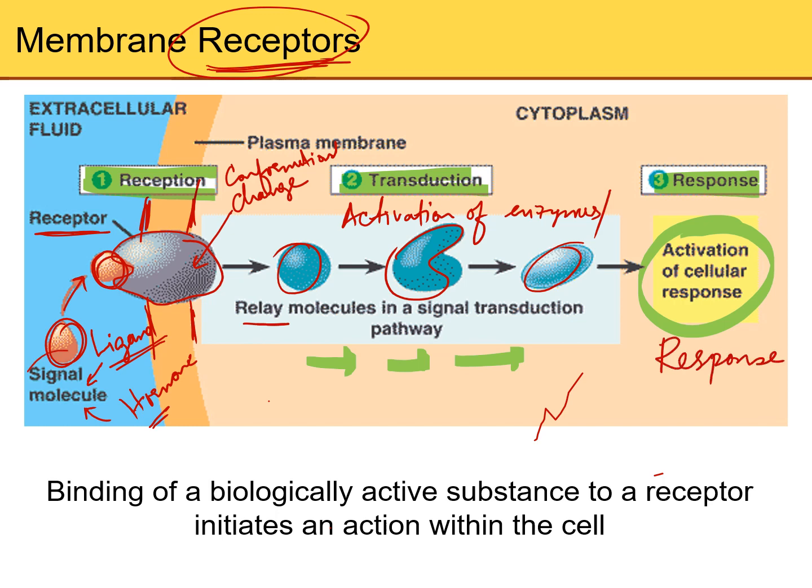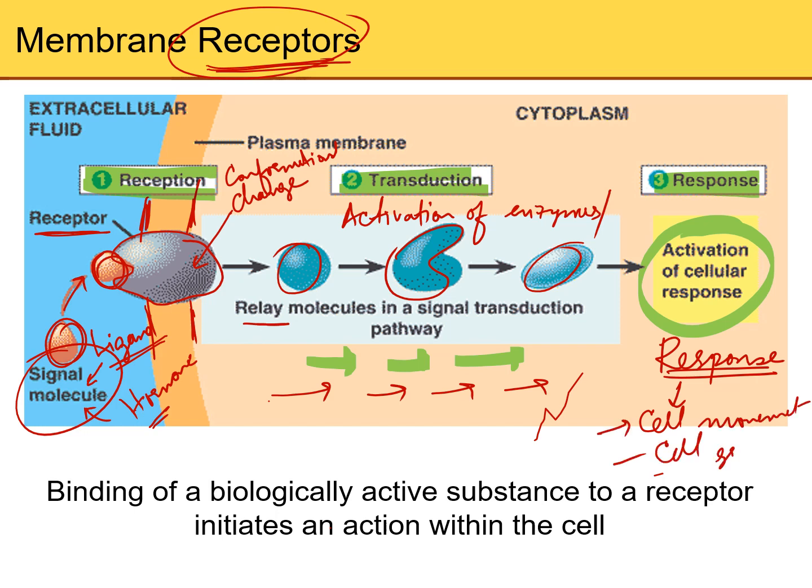So you have a signal binding, and then eventually something happens in the cell, and then you have a response. The response could be cell movement, for example, the cell starts moving away, or cell growth, or apoptosis, which we talked about last time as well. If a cell needs to die, a signal is received, something happens in the cell, and then the cell has a response, which is apoptosis.